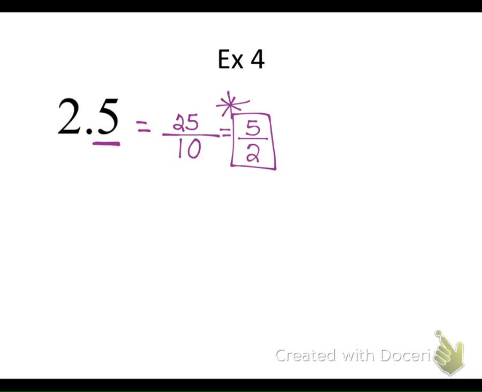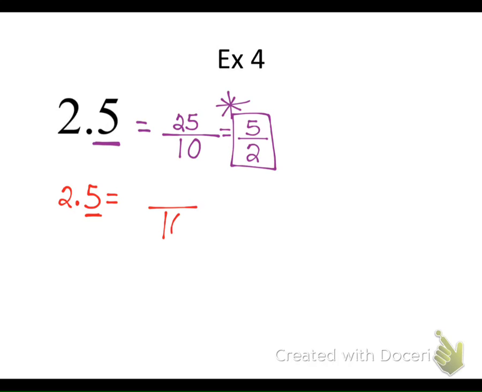Now, another way to solve this, when you go to solve it in Khan Academy, they don't want it as an improper fraction, they want it as a mixed number. So what you would do, you would have 2.5, and I would write this underneath or next to it. You're still going to look at the place value of your last digit. What's the place value of that last digit? Tenths.